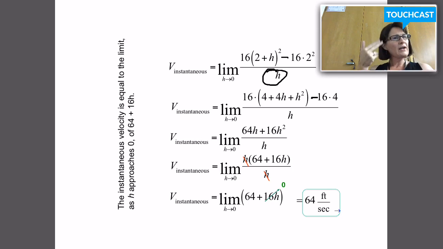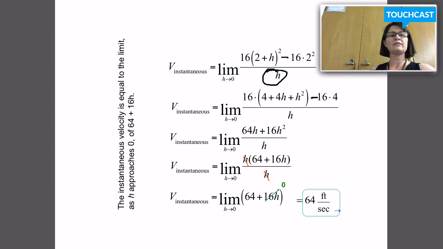So we talked about how to do this using smaller and smaller values of h plugged in. We talked about a way to simplify this with algebra, and then we could plug in 0 for h at the end. But those are two different ways to think about this same idea. If I could let h get smaller and smaller, so small that h was 0, I'm going to have the instantaneous speed.